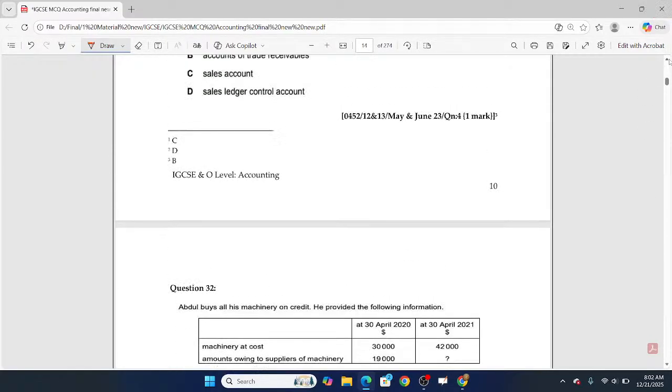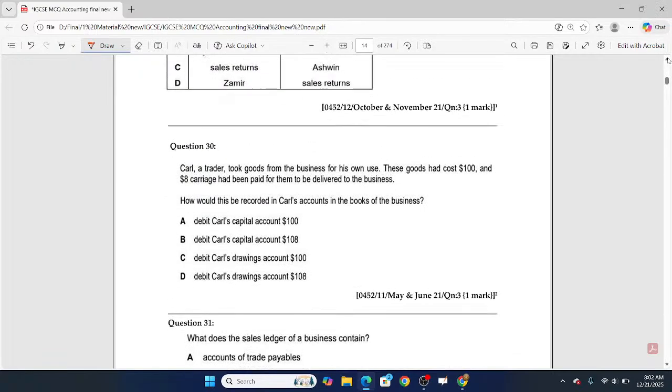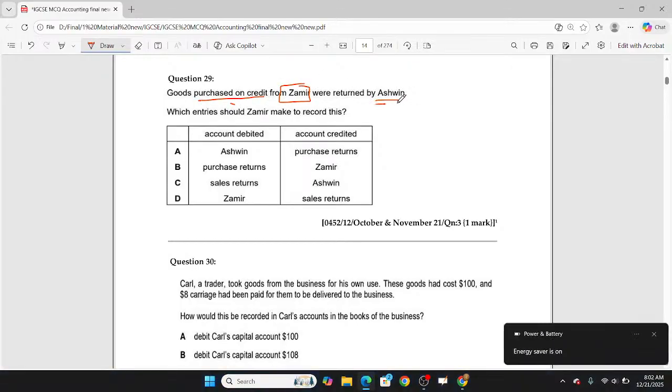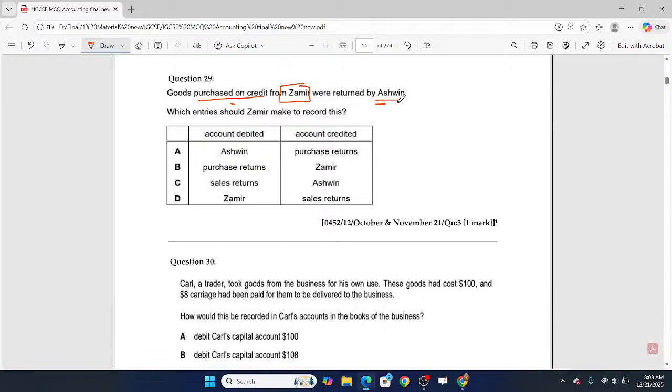Now, goods purchased on credit from Jamir were returned by Ashwin. One second. Now, goods purchased on credit from Jamir were returned by Ashwin.